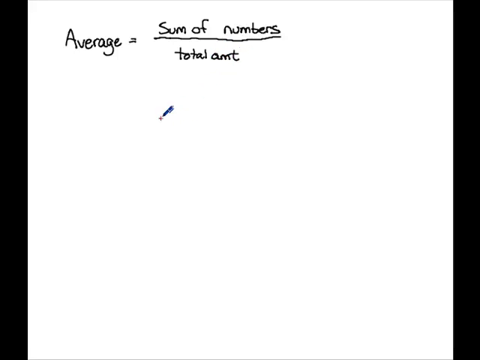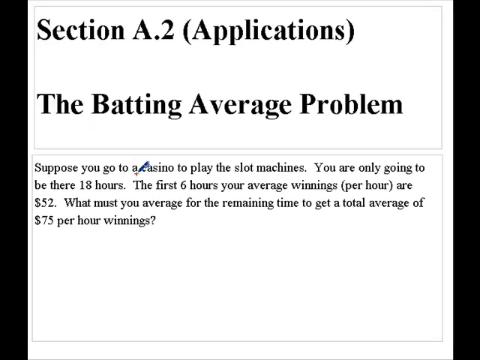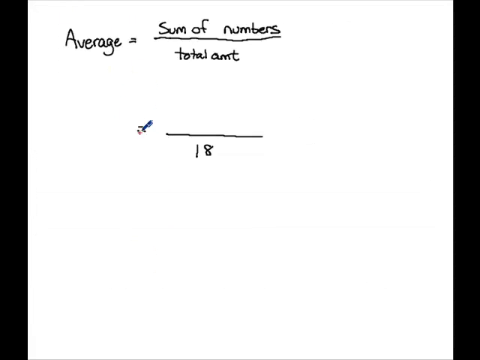Okay. So in our case, I know that the total number of hours I'm going to be there is 18, right? Now the trick here is to read into this problem. The first 6 hours, each hour on average I won $52, right? That means the very first hour on average I won 52.